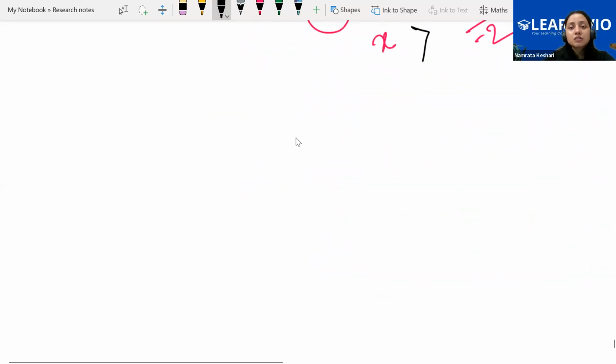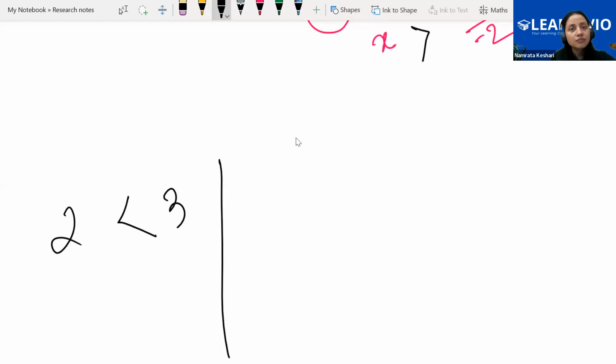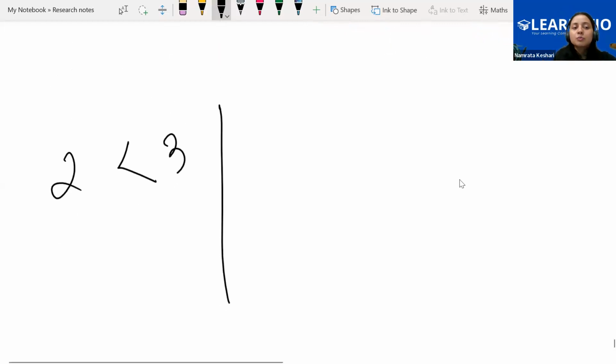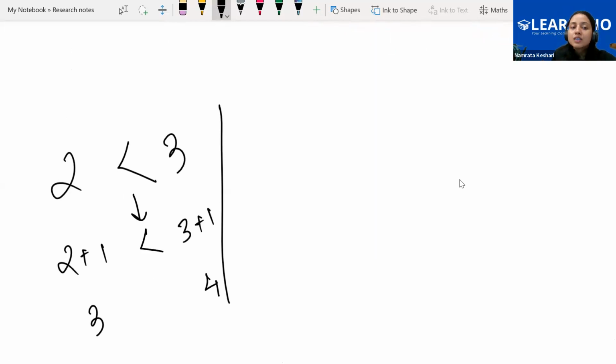Why? Let me give you an example. Suppose you have two numbers: 2 is smaller than 3. Everyone agrees? Yes or no? When we add the same term on both sides, 2 plus 1 and 3 plus 1, it becomes 3 on one side and 4 on the other, and we still maintain the same sign.